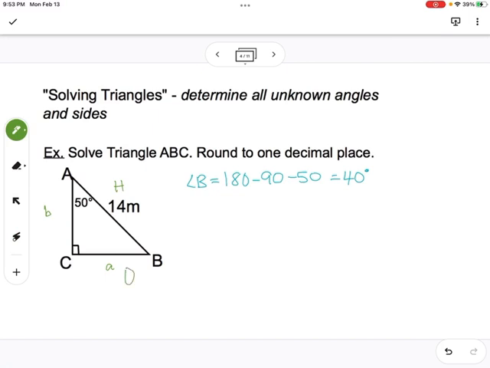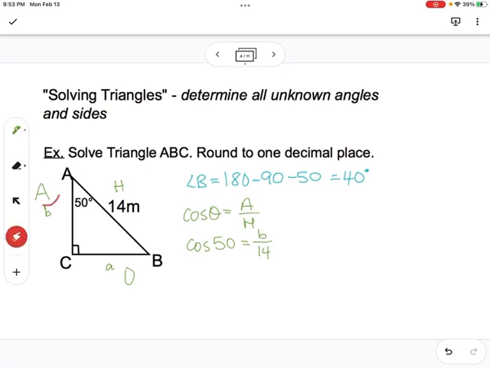This is O, this is A, the adjacent. So to find side B, we have adjacent and hypotenuse, which means we are using cos. Cos theta equals A over H. Cos, we're using the 50 degrees. The adjacent side I labeled as B, and the hypotenuse is 14.